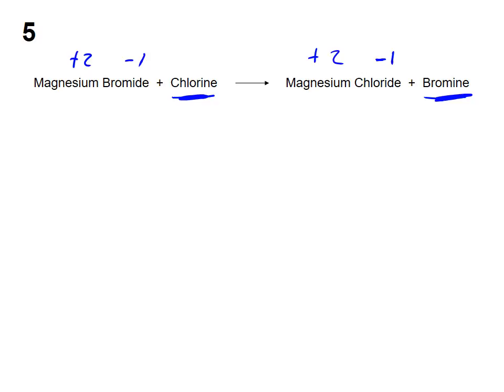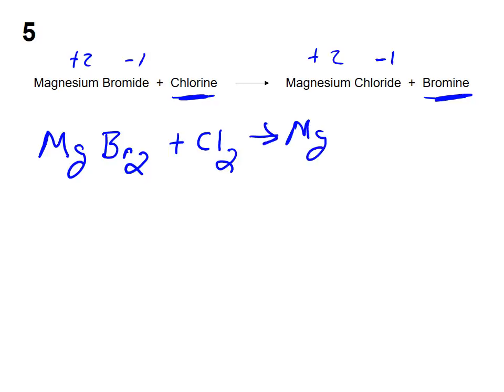Since these don't add to 0, I'm going to have to cross. So you've got MgBr2. Chlorine is diatomic, so it will be Cl2. Produces MgCl2 plus bromine, and if you check your list, bromine is also diatomic, so you have to write it as Br2.